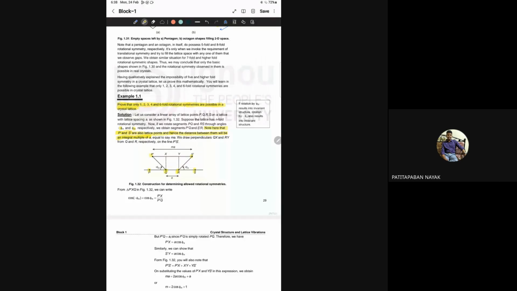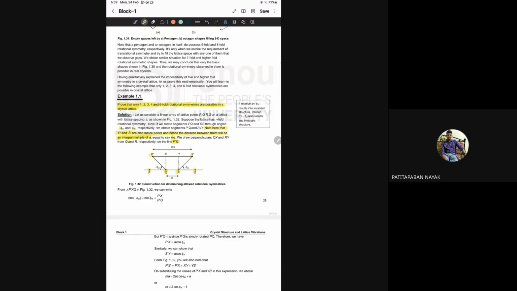Now P prime and S prime are equivalent lattice points. So that means RS should be equal to some integer times A. Let it be equal to MA. We draw perpendiculars QX and RY from Q and R respectively on the line PS.